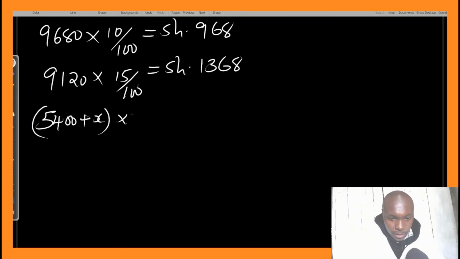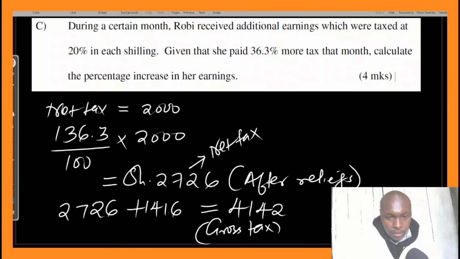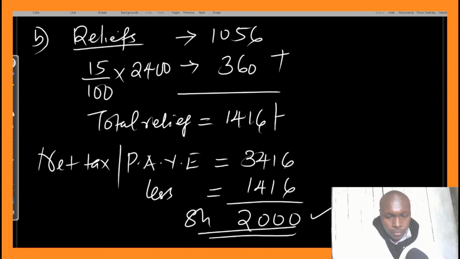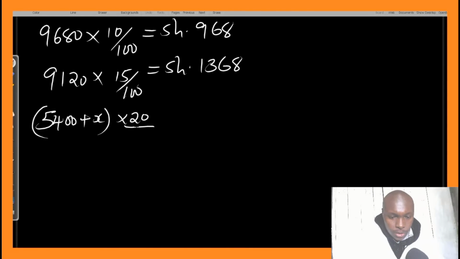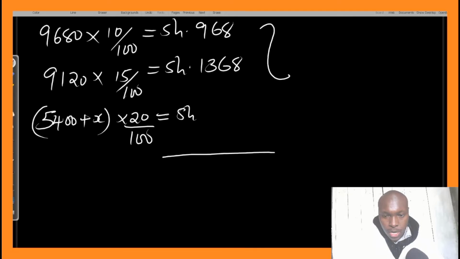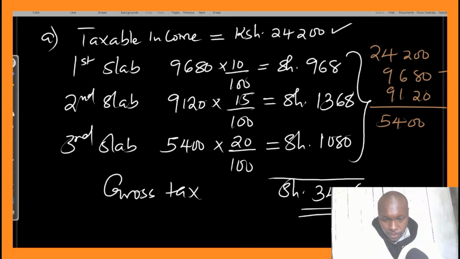The rate there, we are given that it was taxed at 20% for every shilling. So this is 20 over 100, and this should be equal to a figure that we are going to calculate. But one thing that we know, when we add the total tax after that increase, this is what we are supposed to get.